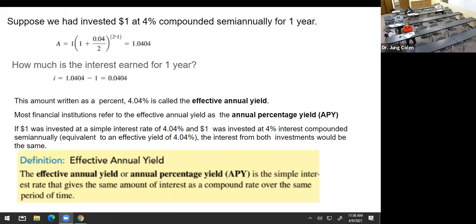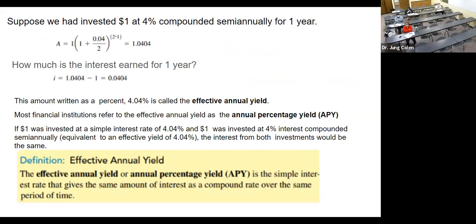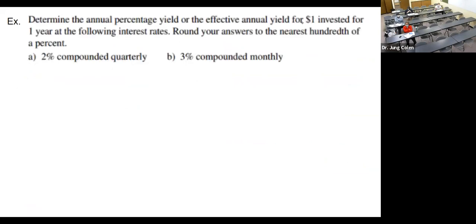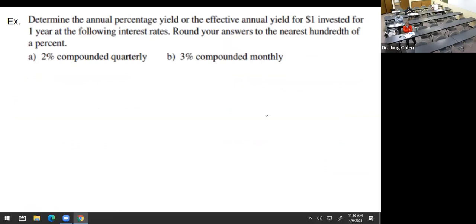I don't know if the question on your homework will ask you things like that or not, but that's something interesting. So let's consider these examples. Can you find the annual percentage yield or the effective annual yield for $1 invested for 1 year at the following interest rates?